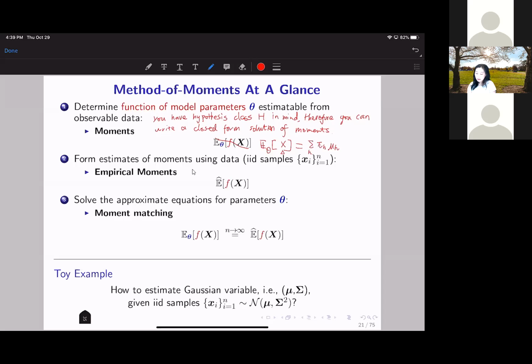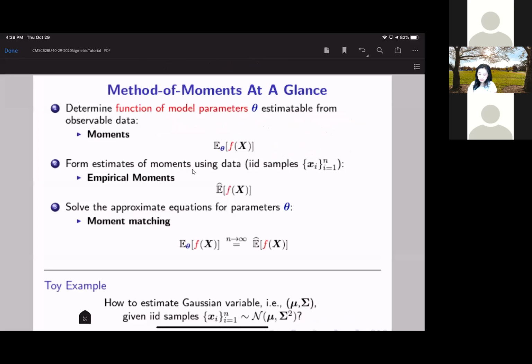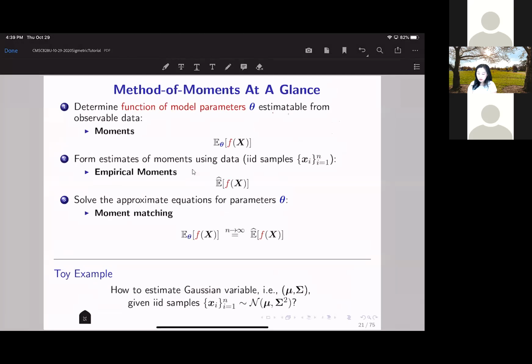So what I'm really trying to say is, now let me erase everything. What am I really trying to say? If you know the hypothesis class, so you know the latent variable model, you would know how to write a moment of this thing as a function of theta.